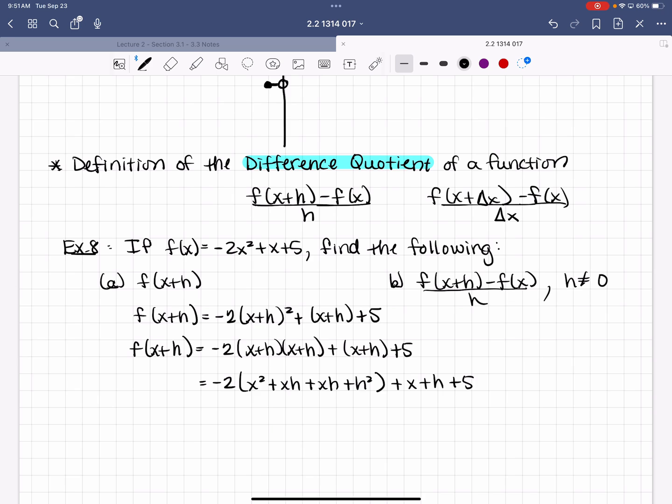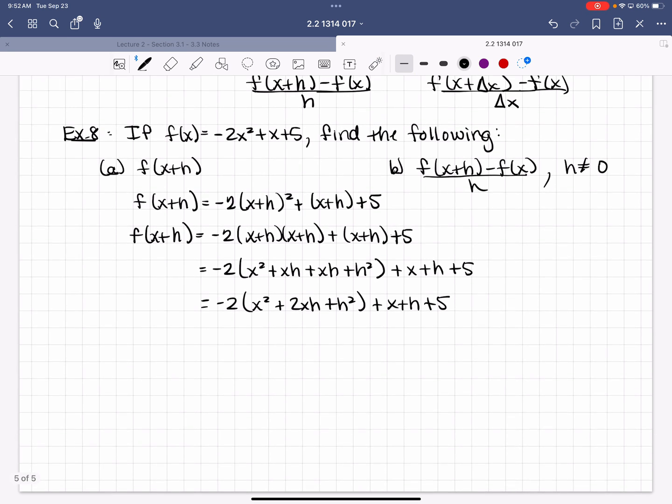I can, because there's just addition on either side. This is negative 2 times x squared plus 2xh plus h squared plus x plus h plus 5. If I distribute that negative 2, I've got negative 2x squared minus 4xh minus 2h squared plus x plus h plus 5. I know y'all are going, there's way too many letters going on right now.